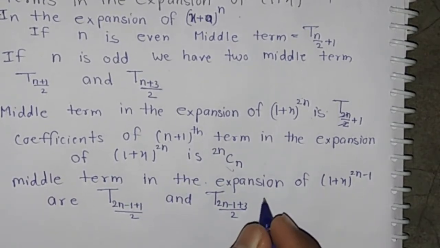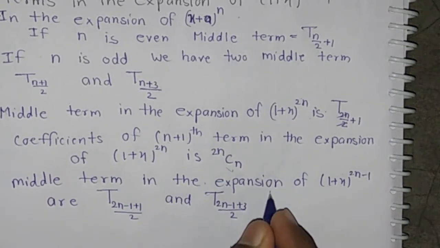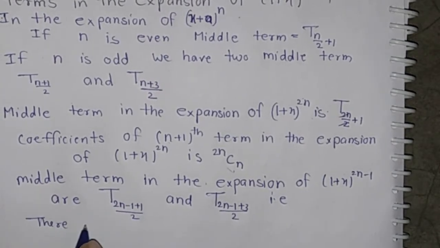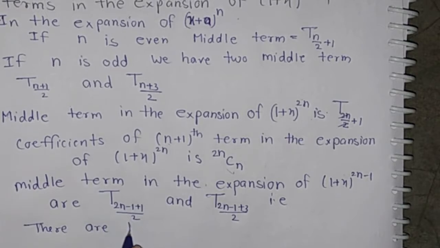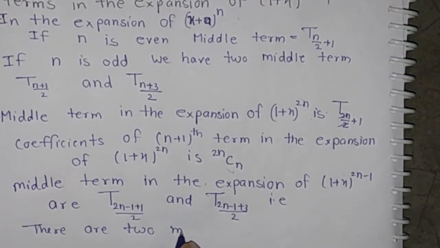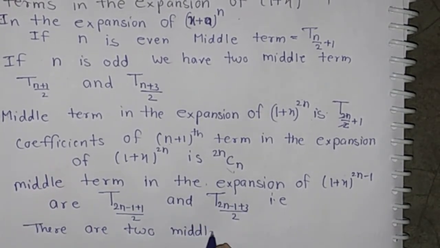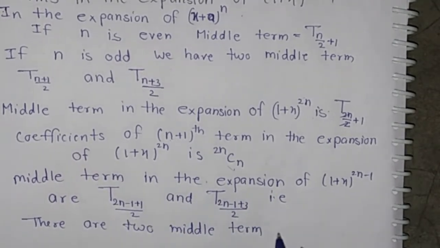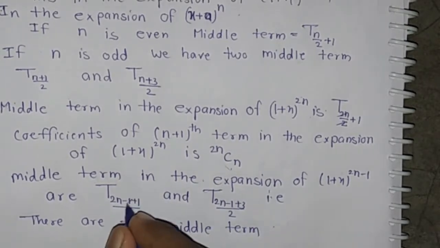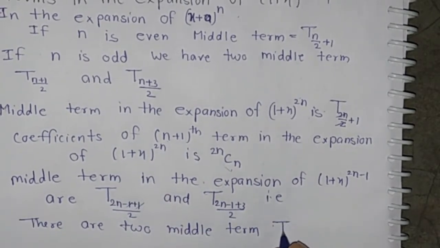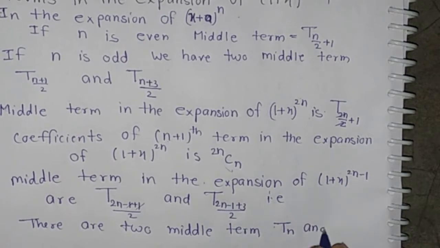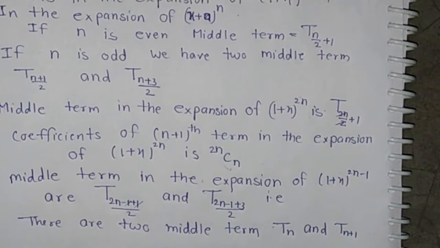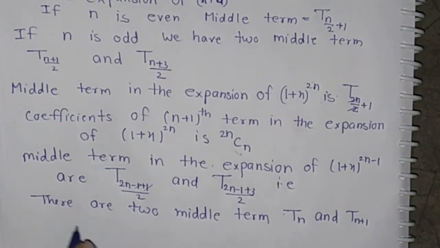It means there are two middle terms. First is the nth term, T(n), and the second is the (n + 1)th term, T(n+1).